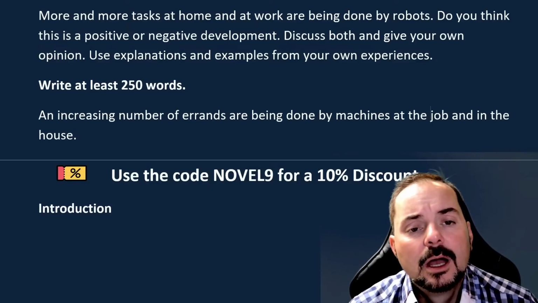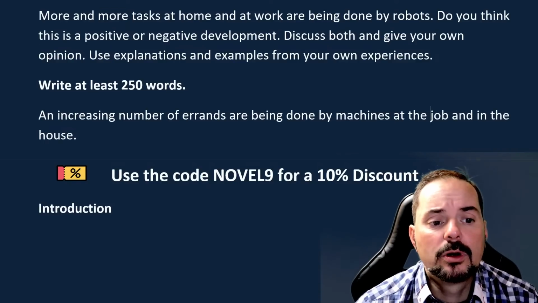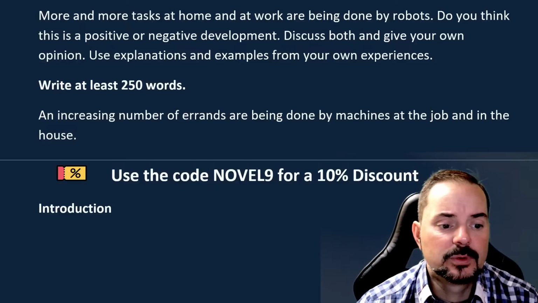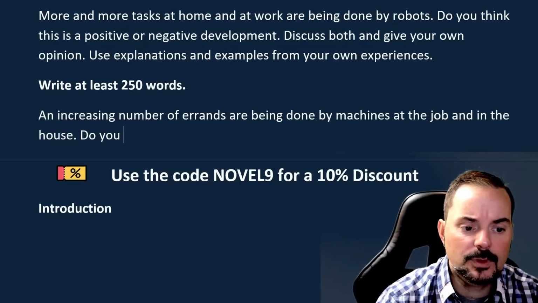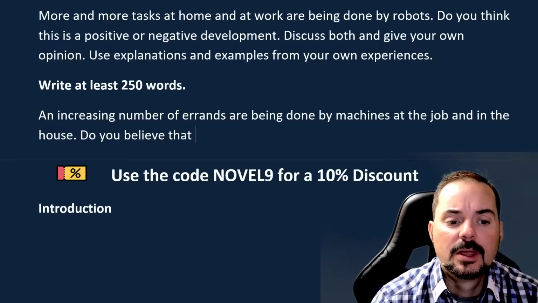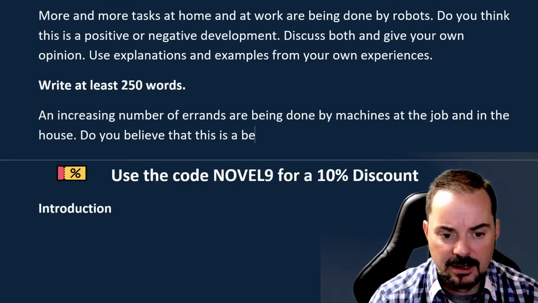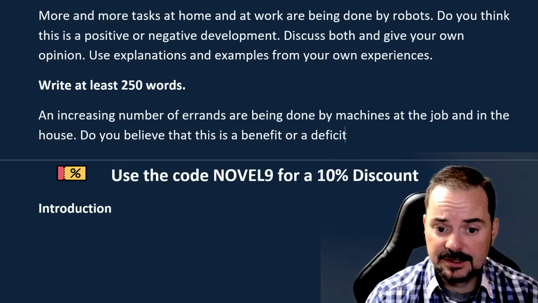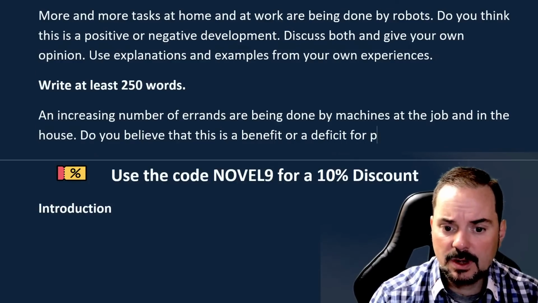Okay, so that should paraphrase more and more tasks at home and at work are being done by robots. Okay, do you believe that this is a benefit or a deficit for people?